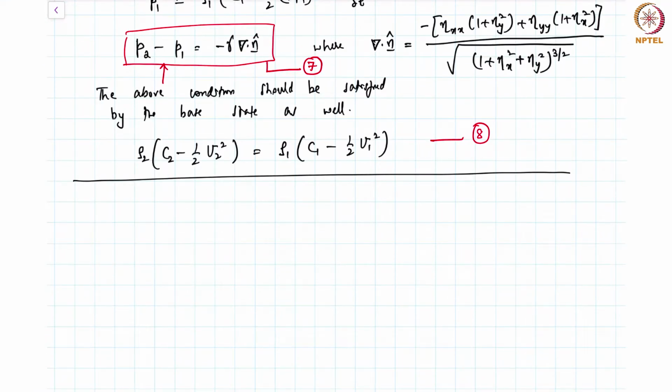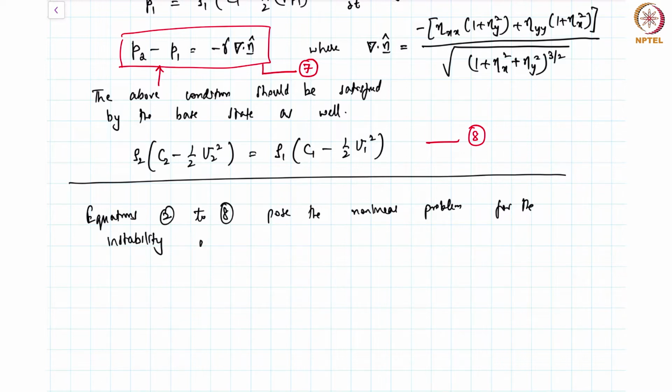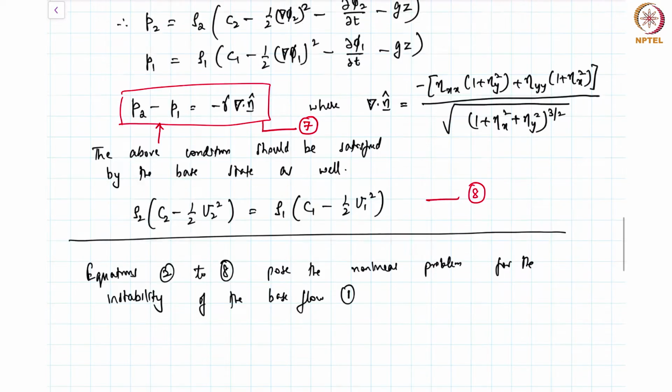Let me write that down. Equations 2 to 8 pose the nonlinear problem for the instability of the base flow, which we gave the label 1.